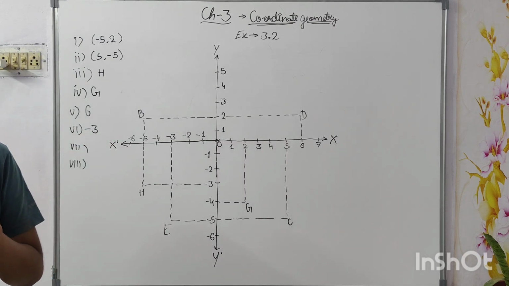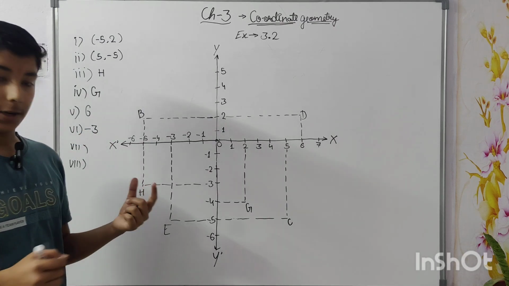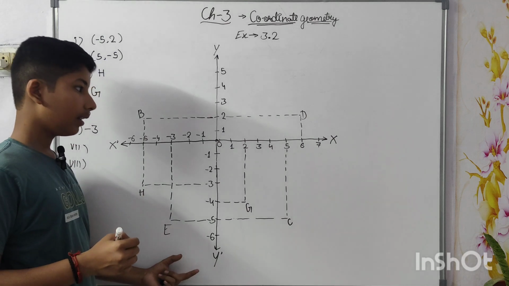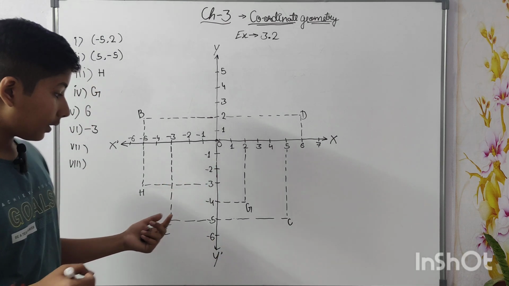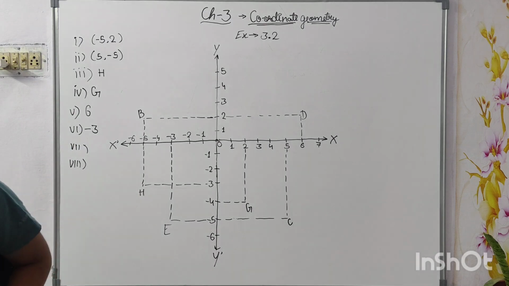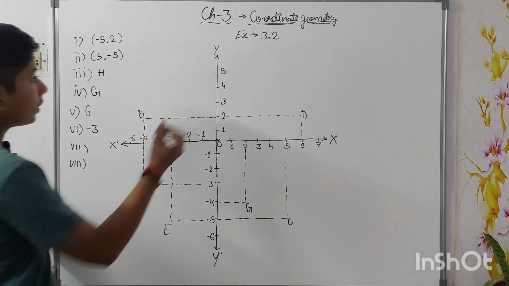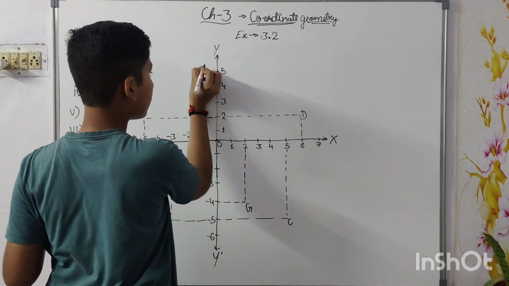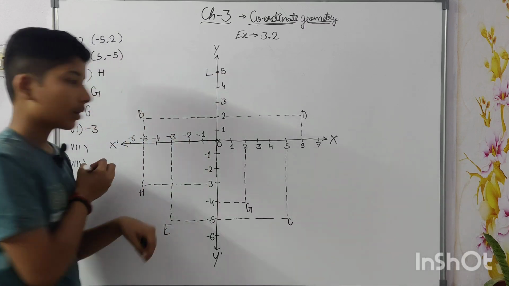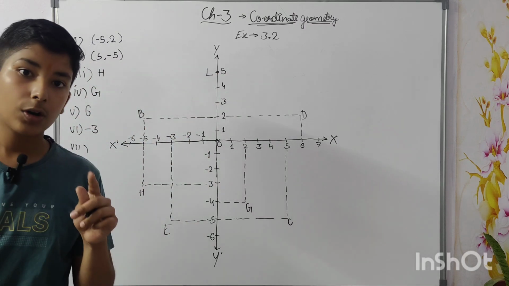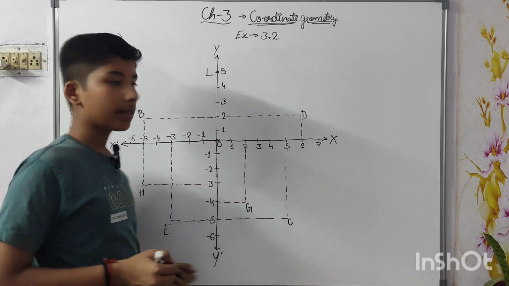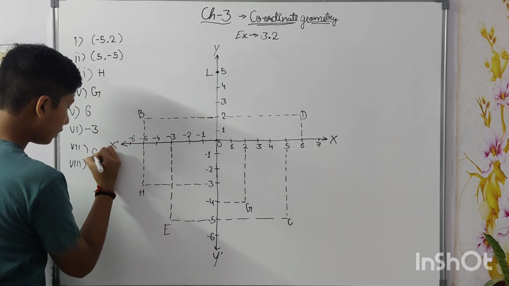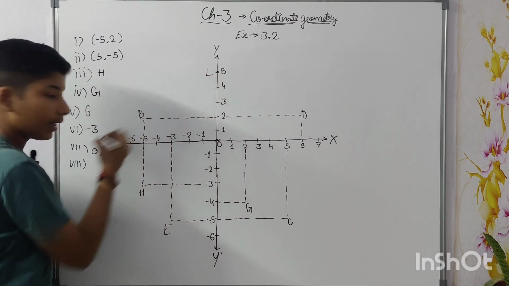Now the coordinates of point L. Wait, is there any point? No, I think it's not here. Oh, there's one point L here. So for point L, the coordinates: it's on the y-axis, so its x value will be 0 first of all, 0, and y is 5.